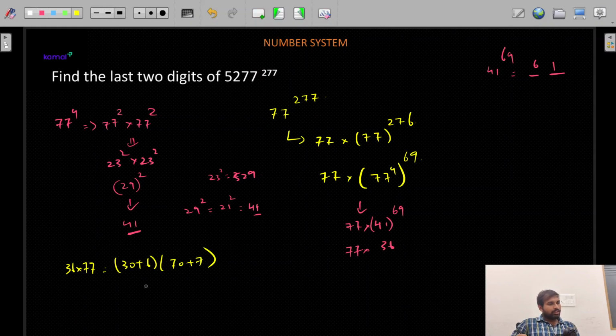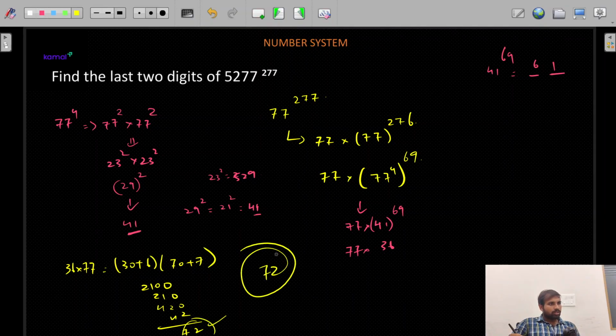So 70 into 30 is 2100. 3 sevens are again 21, which is equal to 210. 6 sevens are 42, so 420, and the 42 will become 2. 3 plus 4, 7. So 72 is my last two digits. This is the answer for this question.